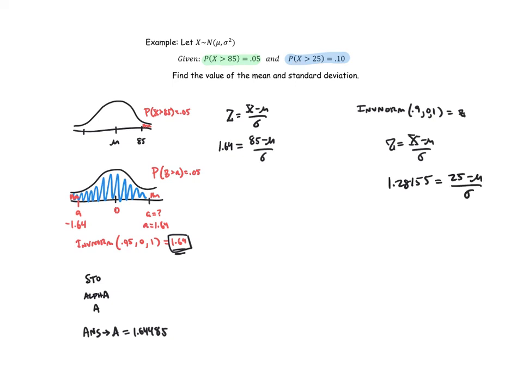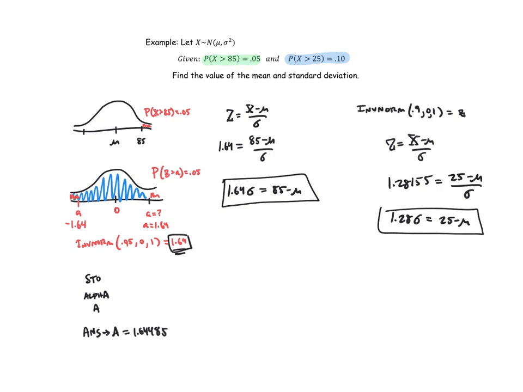Mu is still the same value, so is sigma. So now I've got two equations, two unknowns. So I get 1.64 sigma is equal to 85 minus mu. And 1.28 sigma equals 25 minus mu. Of course, I'm not actually going to use rounded values. And I can use a system of equations here to solve.